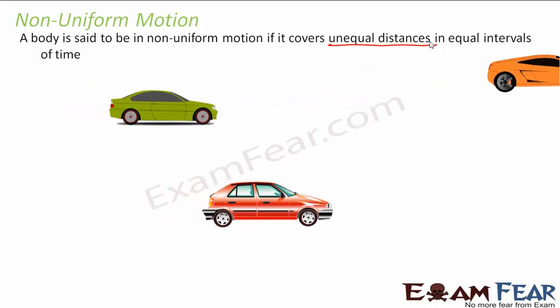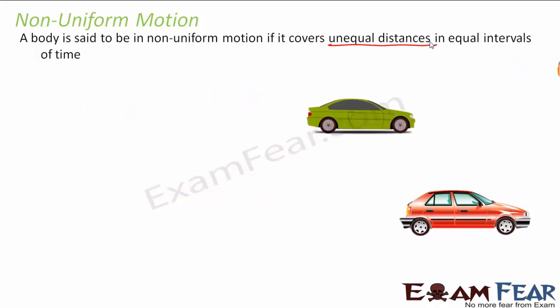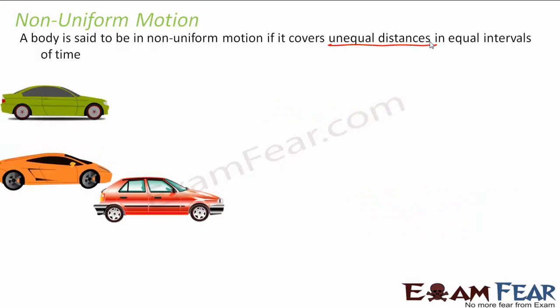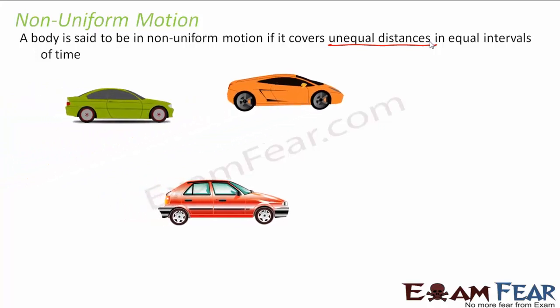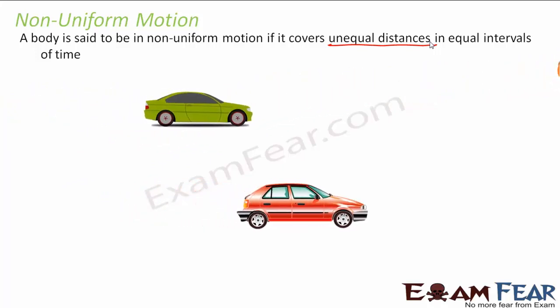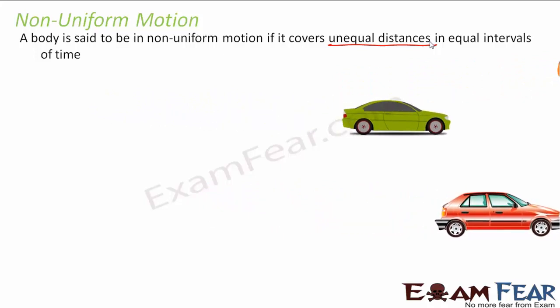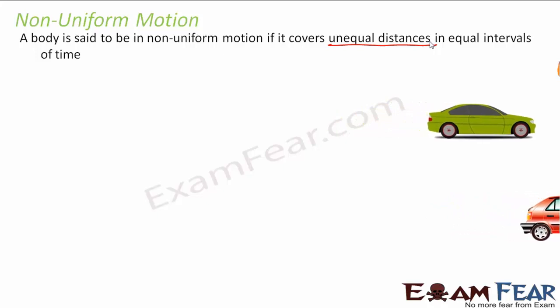Then gradually when it reaches a little bit front, it sees that there is a smooth road in front and it picks up its speed. So the speed increases. Here it is traveling slowly, covering less distance. Later it travels more distance per unit time. So the amount of distance covered is unequal in equal intervals of time.